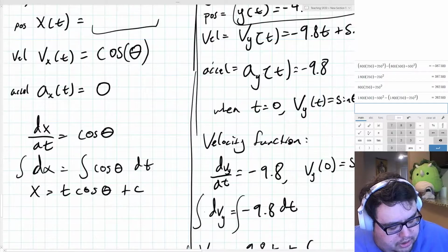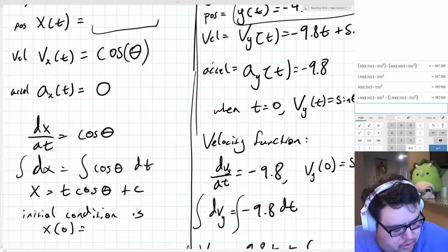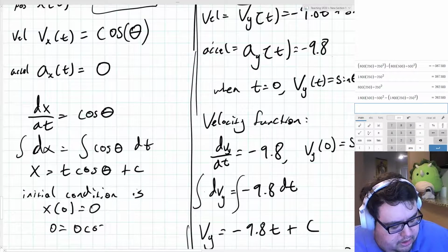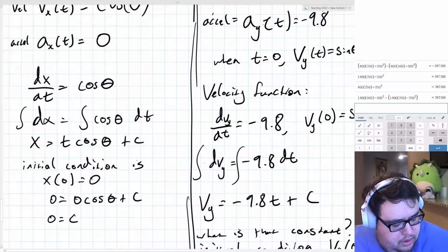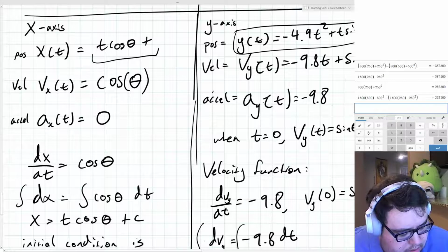And once again, our initial condition is that x of 0 is equal to 0. So that means that 0 is equal to 0 cosine theta plus c. So here the constant will be 0. So our position function here will just be t cosine theta plus 0.